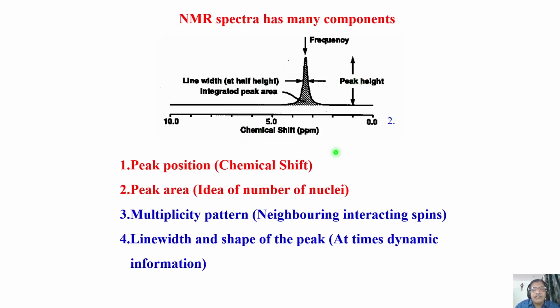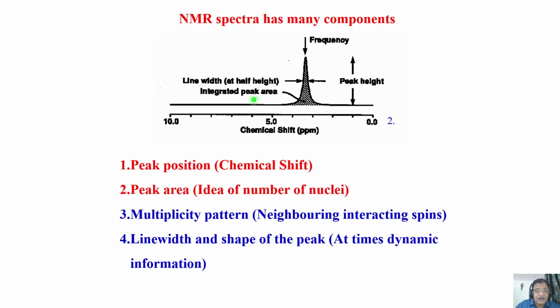It may be undergoing fast relaxation, or it may be undergoing some dynamics. It may be undergoing exchange. So some dynamics is going on in this proton. As a consequence, it is relatively very broad compared to the sharp peak. So it gives me information about the dynamics of the molecule. So the NMR peak has several pieces of information present.